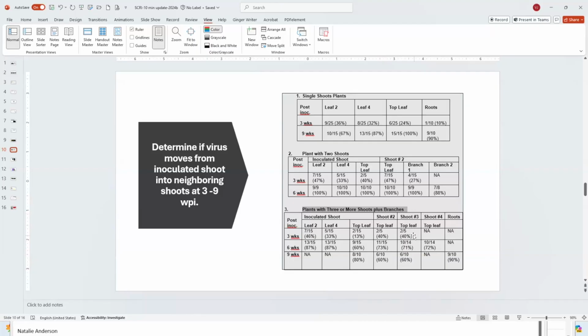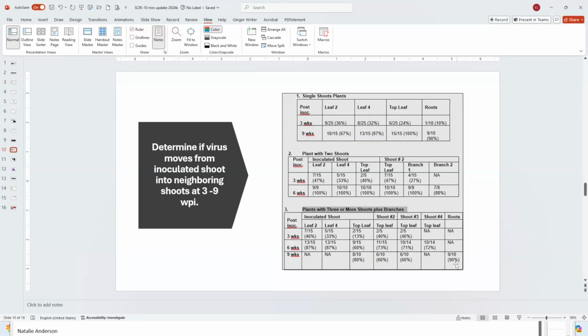If you look at shoot 3, at 3 weeks, it goes highest at 6 weeks, and it seems to decline a little bit at 9 weeks, which represents the unpredictability. Based on all of this, my recommendation for sampling would be to take the top leaf at the earliest 6 weeks from an infected shoot and neighboring shoots in order to get the best possible prediction of outcomes.